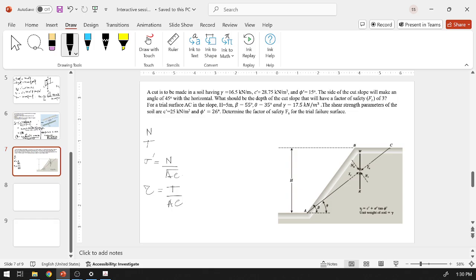Then we take the factor of safety again as c plus sigma n tan phi over tau.